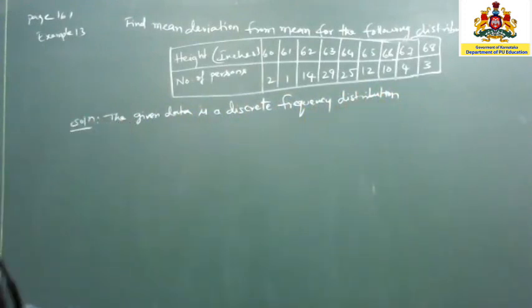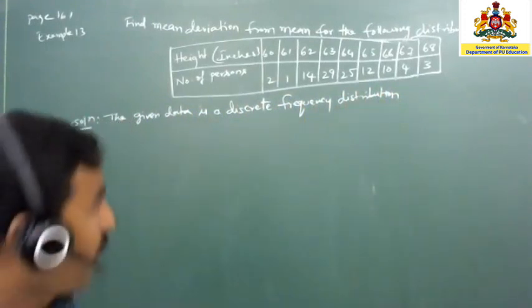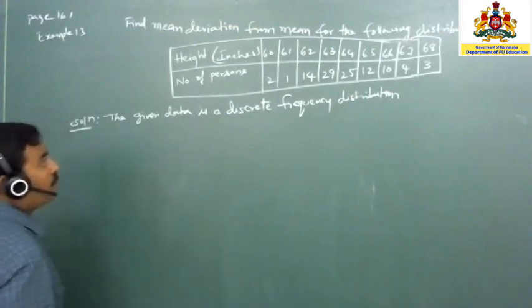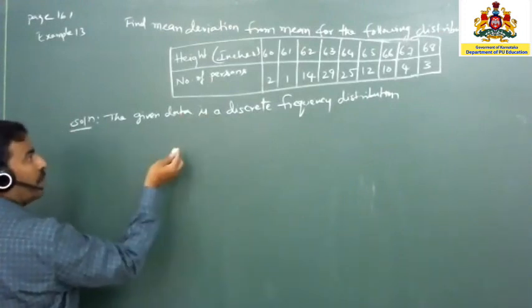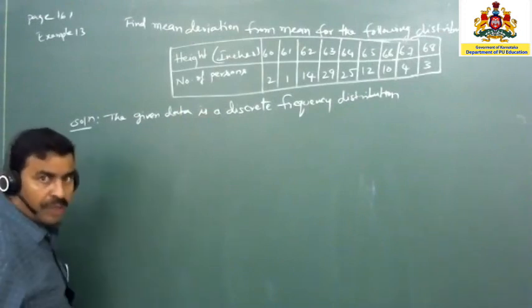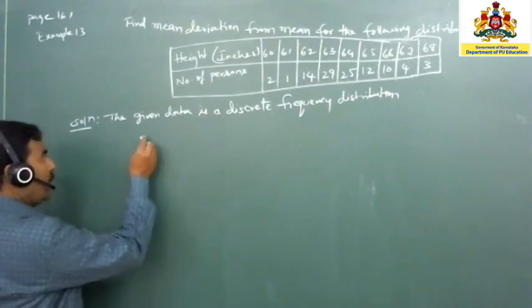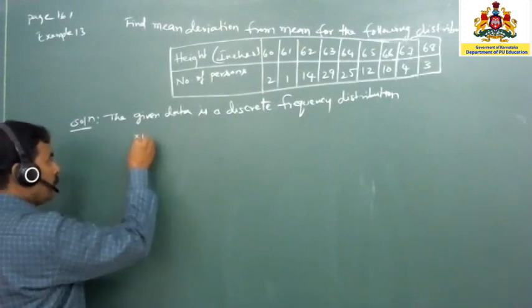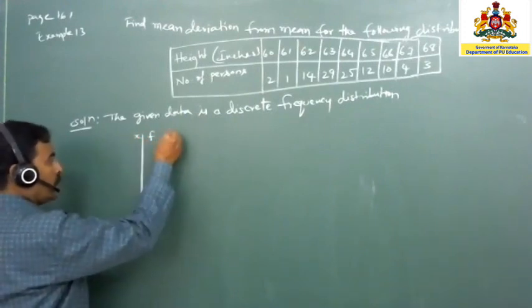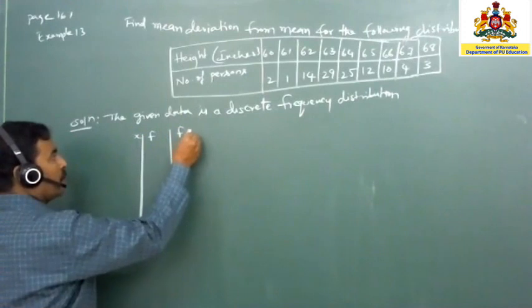First you have to calculate the mean. For calculating the mean, you better use the direct method. So the table has x values, f values, fx values.